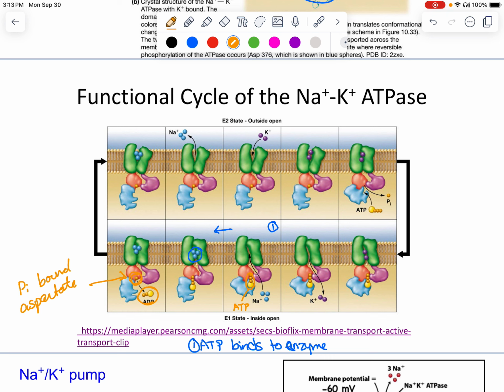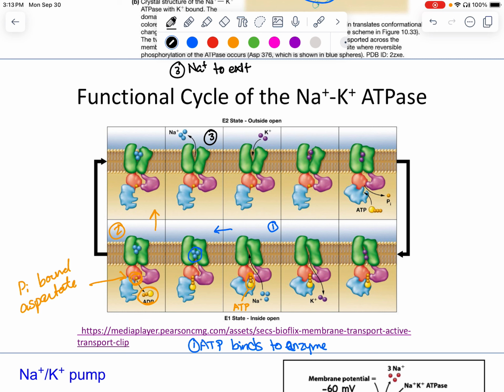And when this happens, it causes a conformational change that opens the plasma side. So it closes the cytosol side and opens the plasma side. And at this point, if we think about this as step 2, where that ATP breaks apart into ADP and phosphate, that conformational change allows the sodium ions to leave.